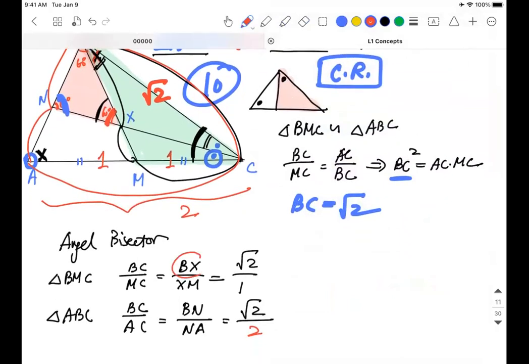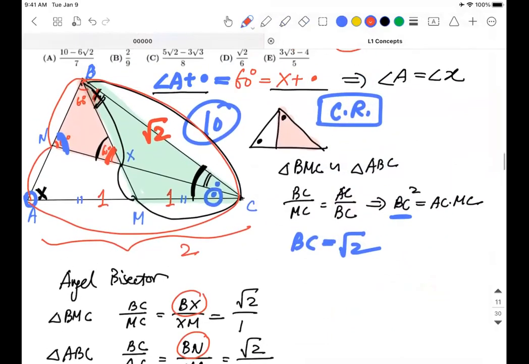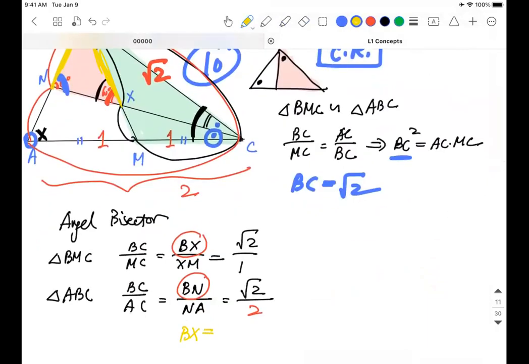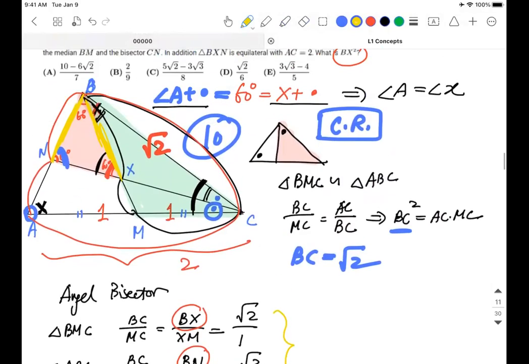Don't forget, BX, BN, they are the two sides of this equilateral triangle. Right? They are the same. So that being said, actually means what? Actually means these two yellow segments and my two black segments, they're all proportional to each other, right?